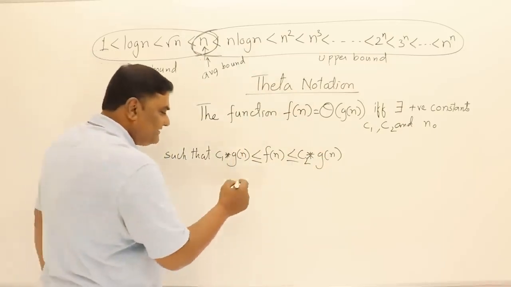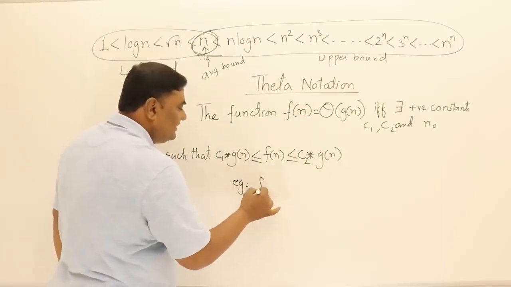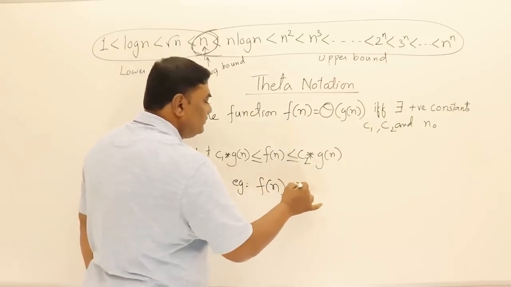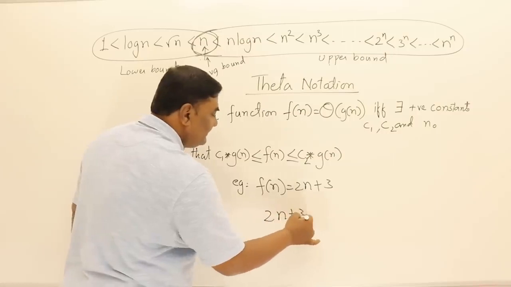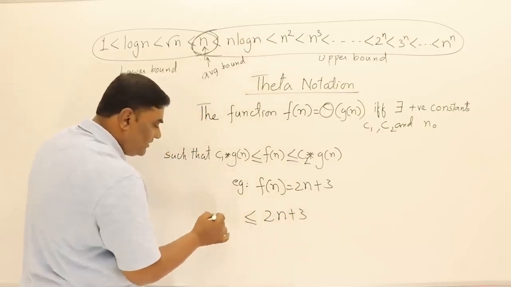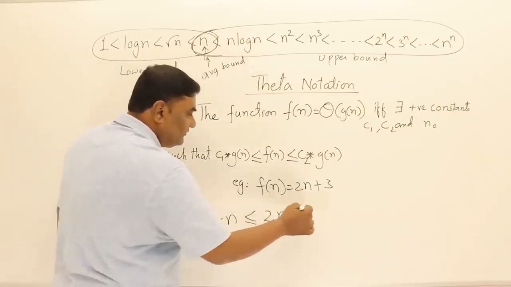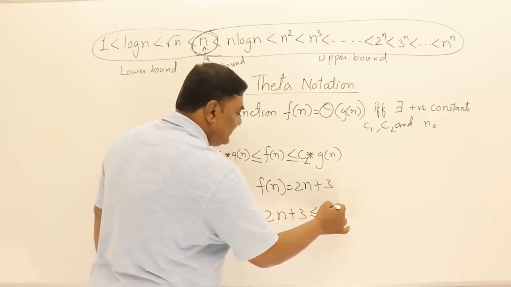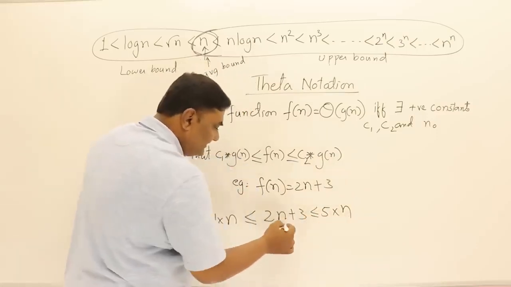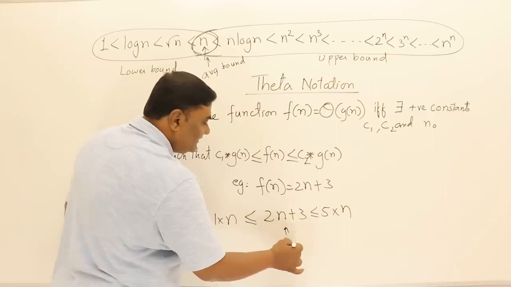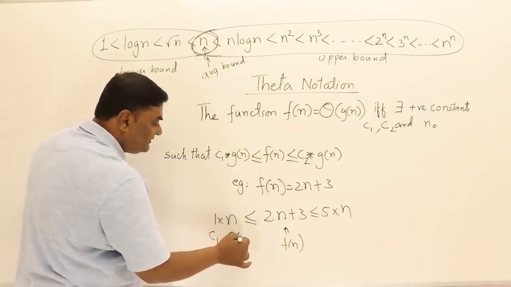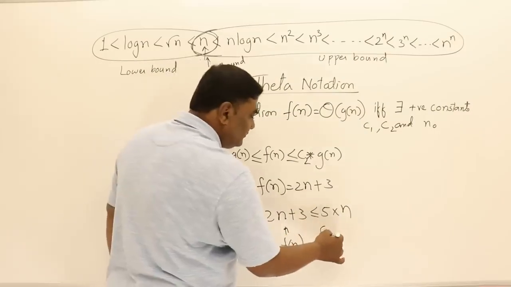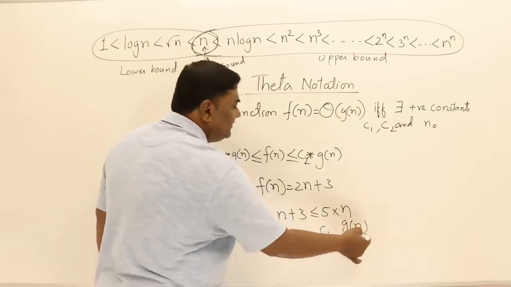If I take the same example, f of n is equal to 2n plus 3, already we found the lower bound, that was 1 into n, and already we found the upper bound, that was 5 into n. So this is f of n, and this is acting as c1, and this is g of n. This is c2, and this is g of n.